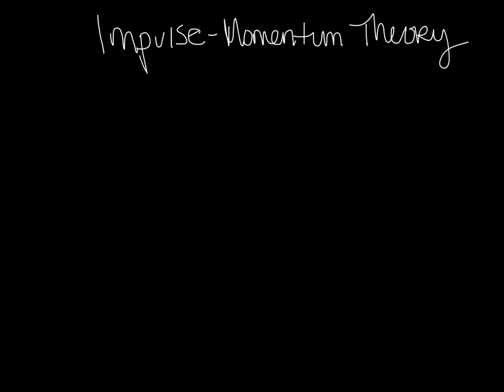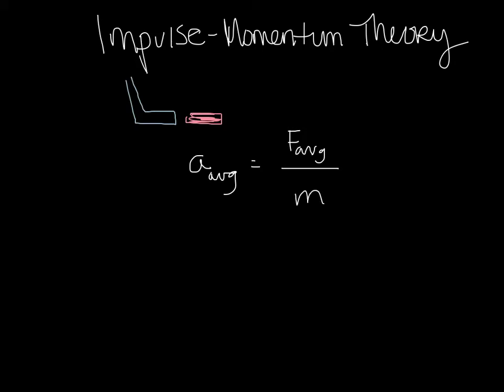So, if we're talking about that same stick and hockey puck, then we would say that the average acceleration of the puck during the time, so here's our hockey puck, and here's our hockey stick. This is a horrible drawing, but just go with it. The average acceleration that the puck feels when the stick is in contact with it is equal to the average force over mass.